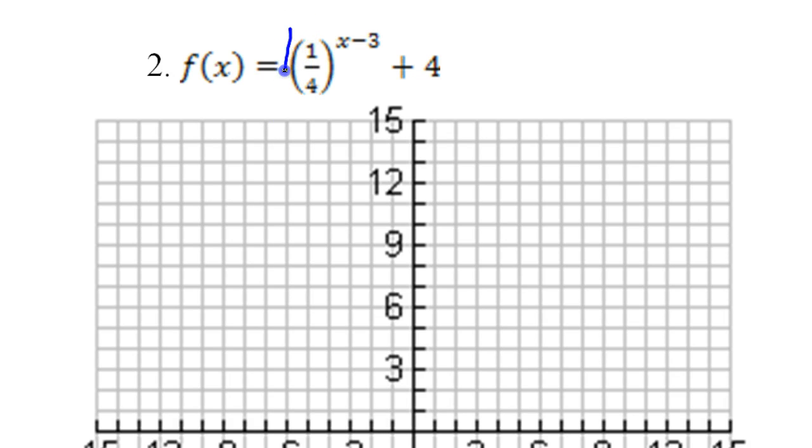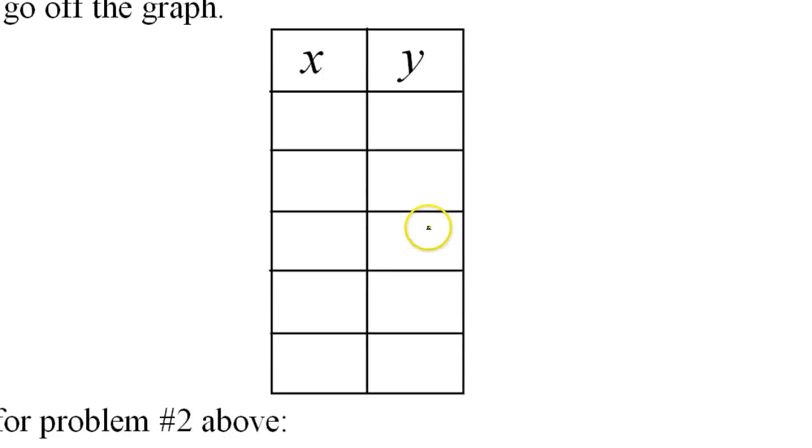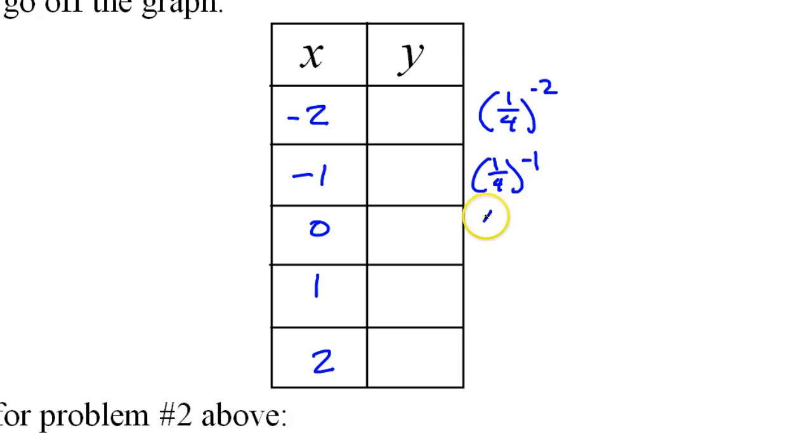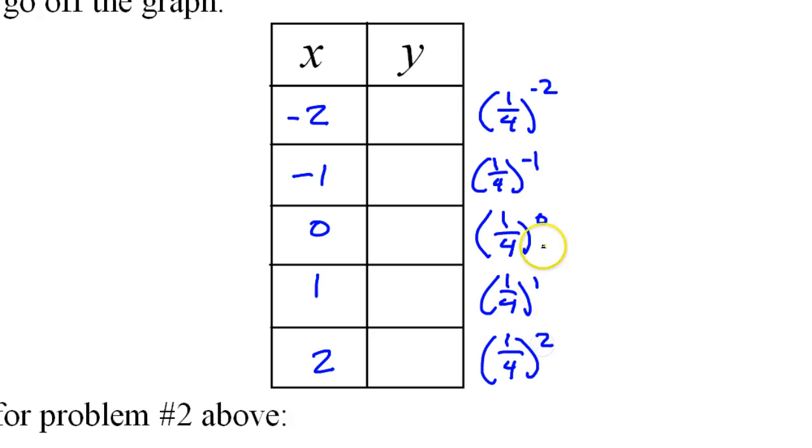For number 2, once again, let's start with just the parent function, 1/4 to the x power. So as we make our table, once again we'll use -2, -1, 0, 1, and 2. So since we are doing 1/4 to the x power, that's 1/4 to the -2, 1/4 to the -1 power, 1/4 to the 0 power, 1/4 to the 1 power, and 1/4 squared.